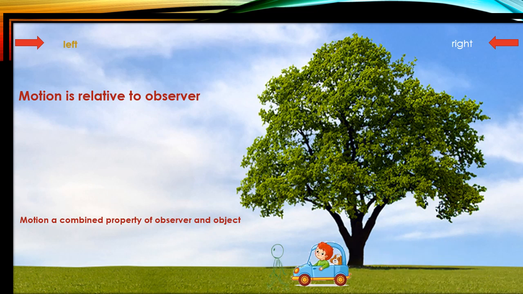But the person sitting in the car will feel that the tree is moving behind him. But actually, who is moving? The car is moving. And if you observe a person who is standing stationary, then they feel the tree is at rest. So it is a combined property of the observer and the object being observed.